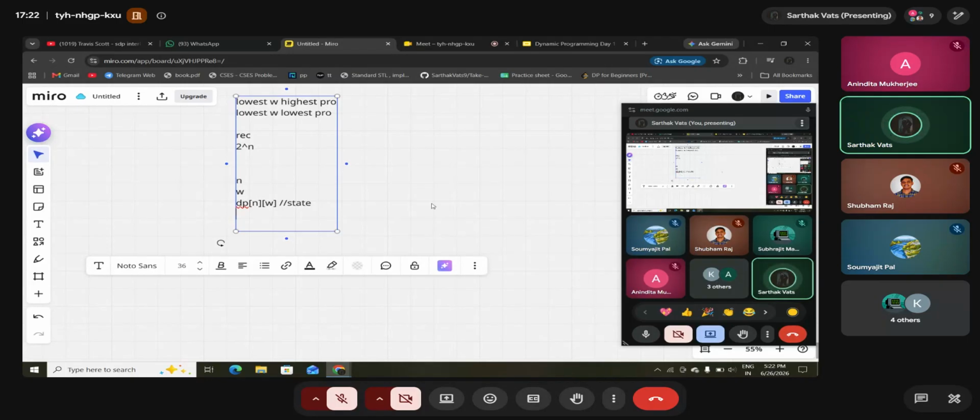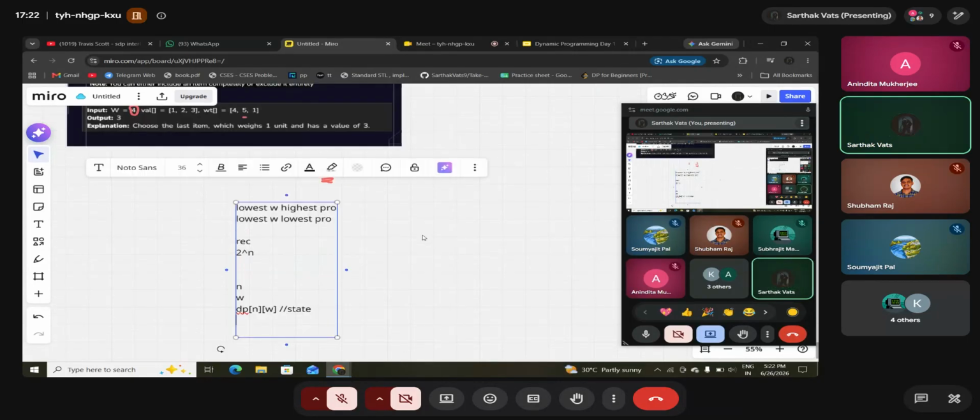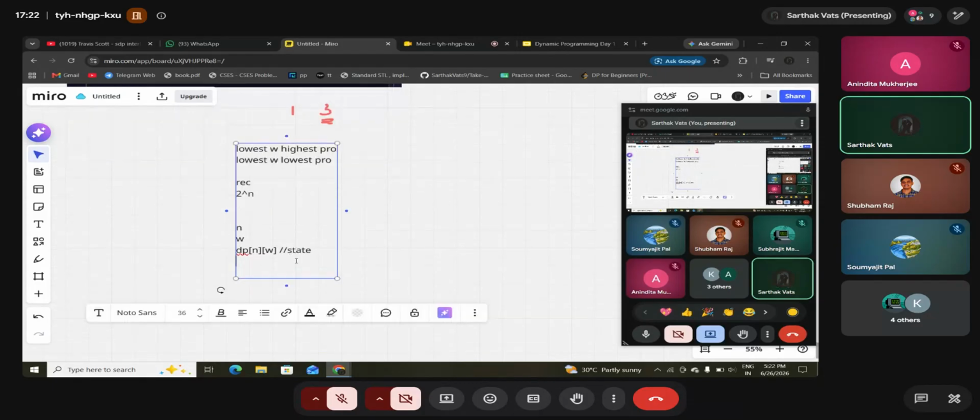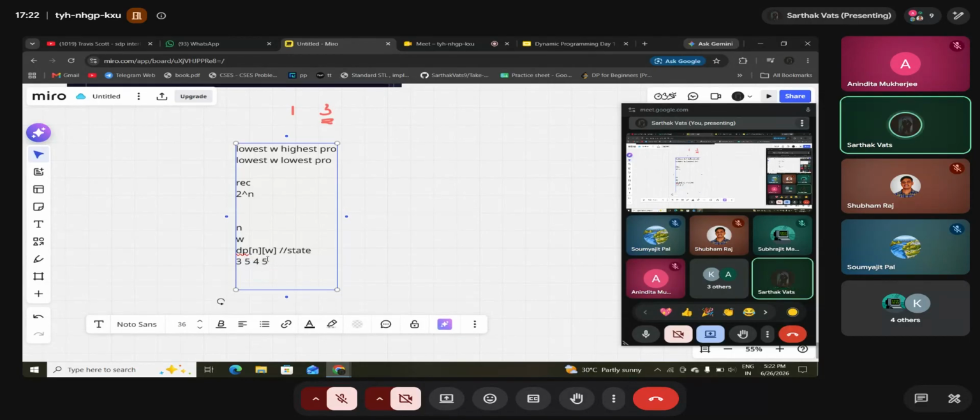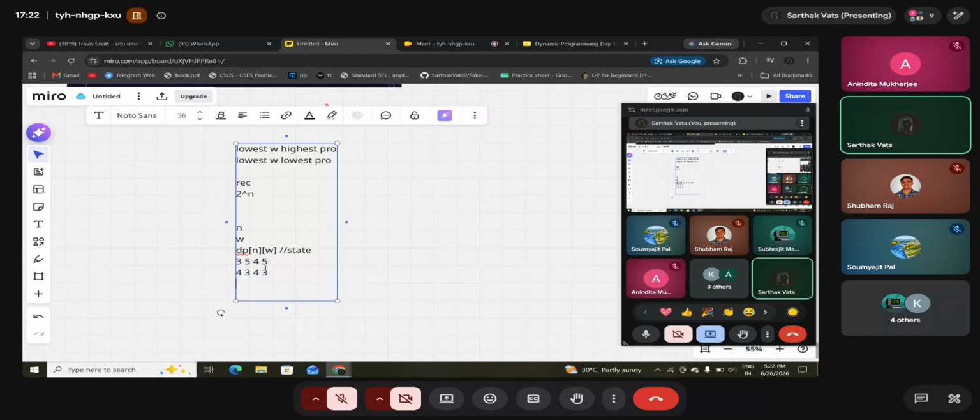Whenever we are at a particular index, suppose the values are 3, 5, 4, 5 and the weights are something like 4, 3, 4, 3. Suppose I'm at a particular index; I'll be speaking in one-indexed form since it's easier to understand.